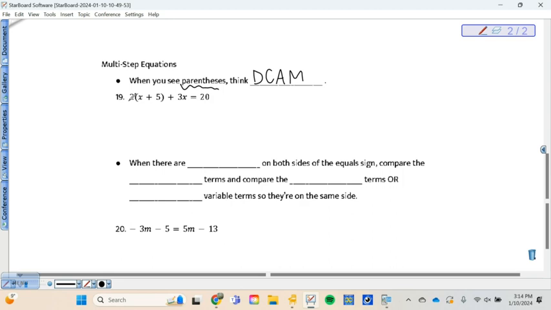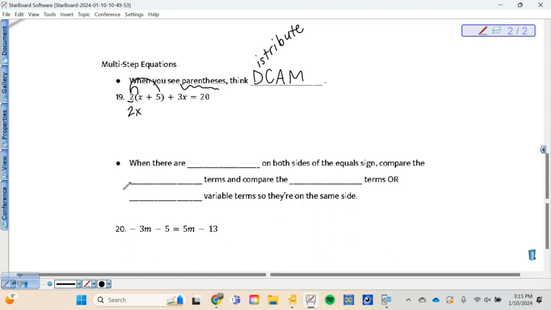Okay, so when we have a number out in front of the parentheses like this, what do we usually do? Distribute it. That's what the D stands for, distribute. So I'm going to do 2 times x, 2 times 5. What's 2 times x?